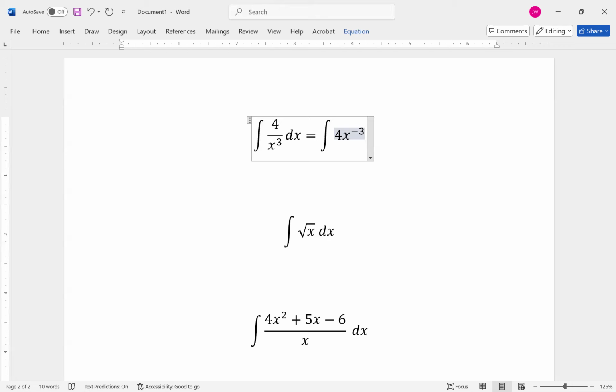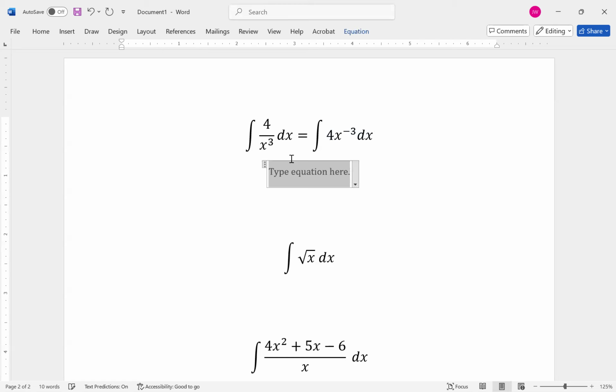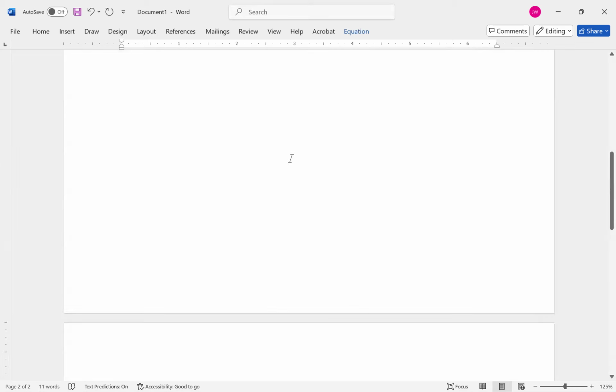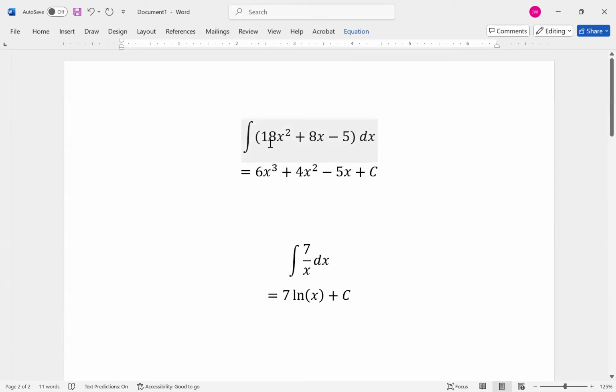That's just the rules of exponents. X to the negative 3 is like 1 over x to the third. And then we're integrating that with respect to x. Now this matches the format that we've been dealing with so far.